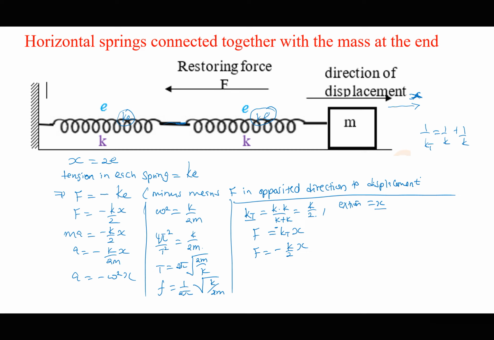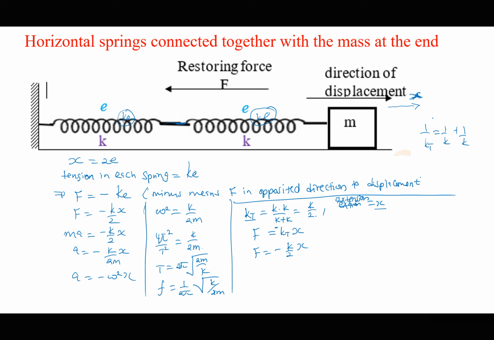The easiest way is to think about the effective constant. And since x is the effective extension, if the springs are in series and displaced further through a distance x, each of the springs stretches through a distance e plus e, which when we sum them up, we get the total extension, which is x.